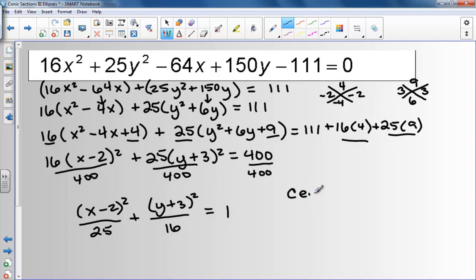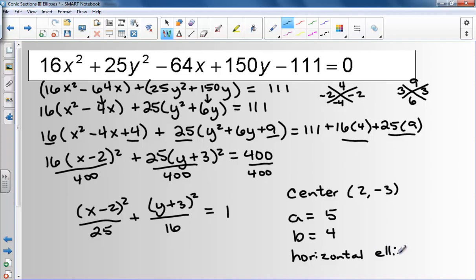So the center here is at 2, negative 3. My a value is the square root of 25, or 5. My b value is the square root of 16, or 4. So this again is going to be a horizontal ellipse because it's longer horizontally than it is vertically.